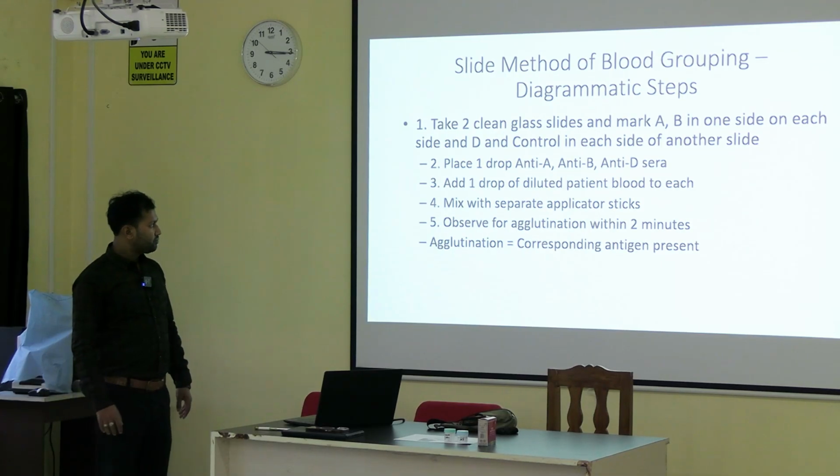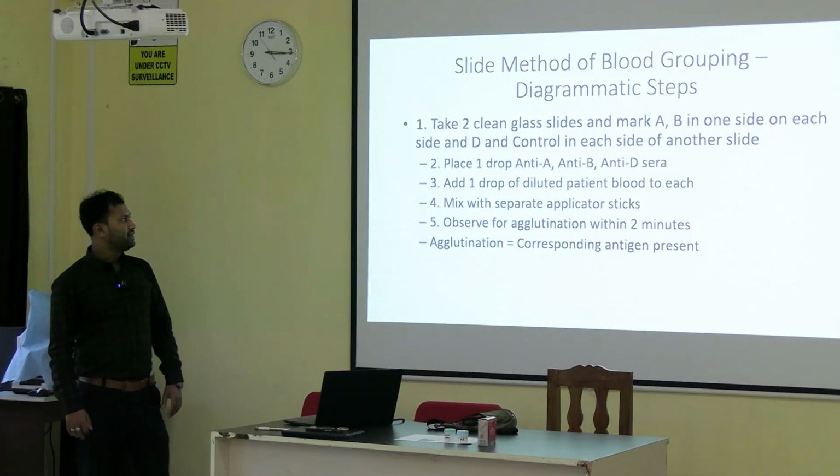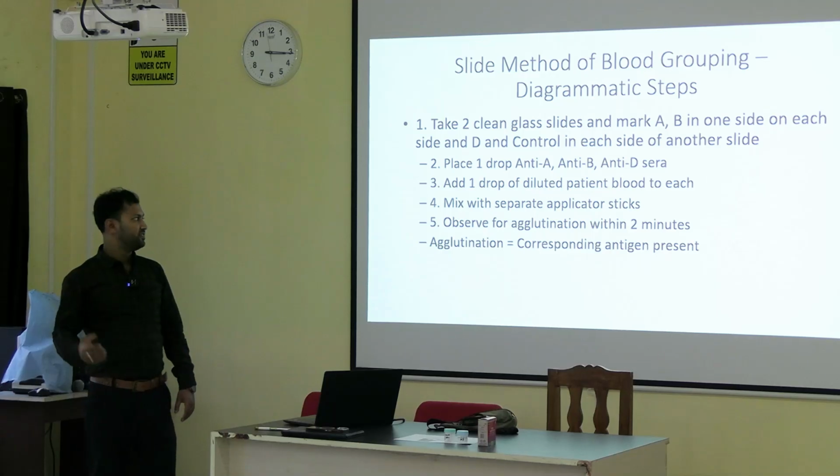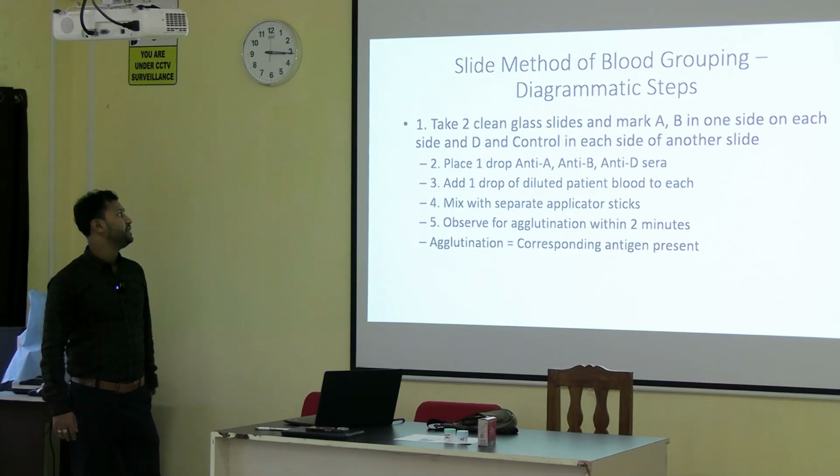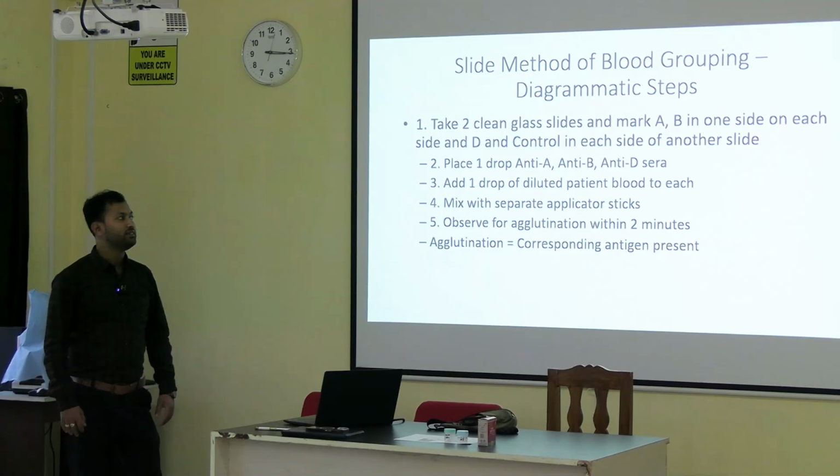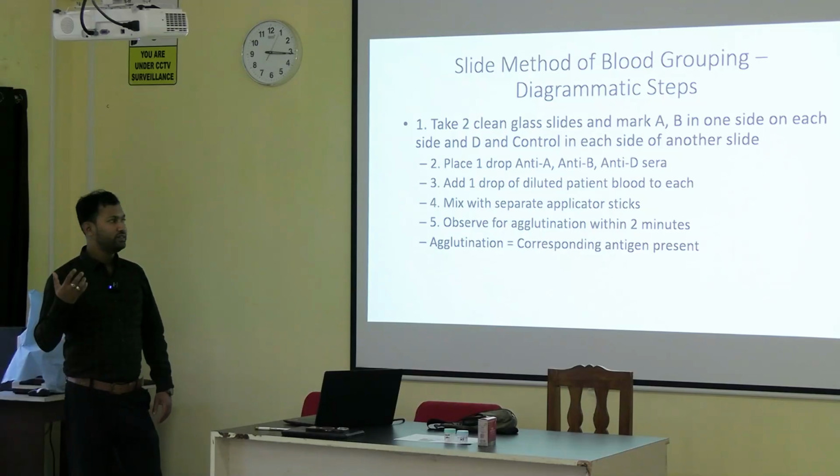That is called the control. So first of all, we place one drop of anti-A, anti-B and anti-D sera in the respective places. Then we mix one drop of diluted patient blood with each of these antisera. Diluted means you first dilute the blood with normal saline.